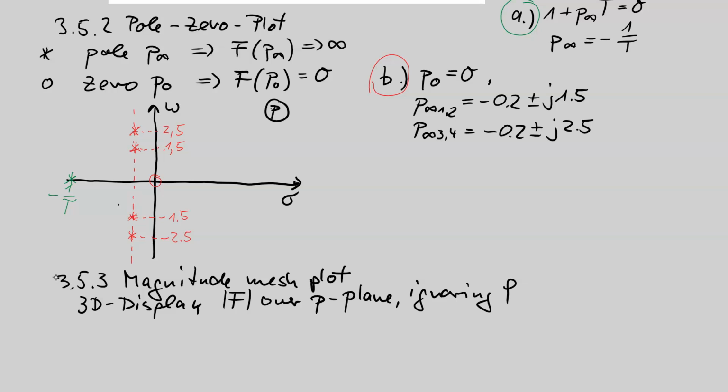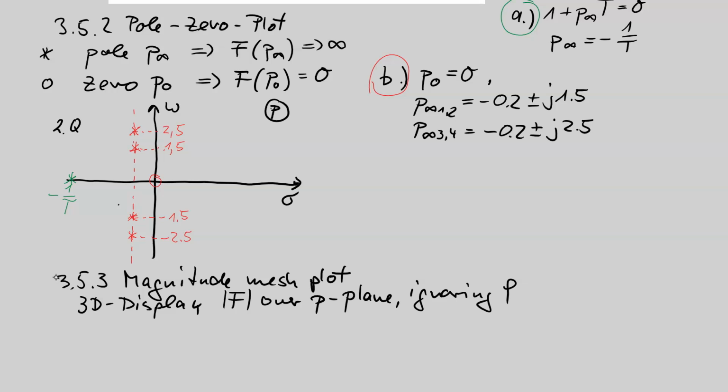Next point is stability. There are no poles in the first quadrant. Otherwise the filter is unstable and then we cannot use it. So what we do is we just display the mesh plot over the second quadrant.